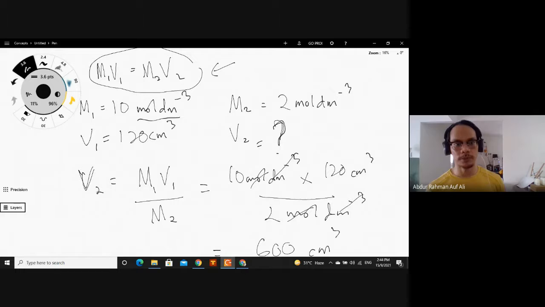So, jadilah V2 here equals to M1 V1 divided by M2. So, M1 is 10, so that's why sini saya tulis 10. Darab dengan 120 divide by 2. So 120 times 10 is 1200. Bagi dengan 2 dapatlah 600 cm cubic. So that's how we know the answer is 600 cm cubic.